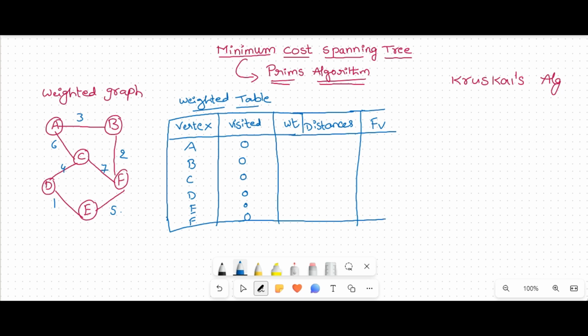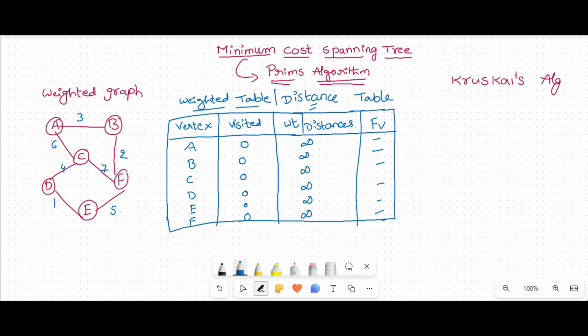Initially we don't know the distances, we have not visited anything, so all the distances we consider as infinity. And from which vertex? We have not yet visited any, so this is the initial configuration, the distance table.